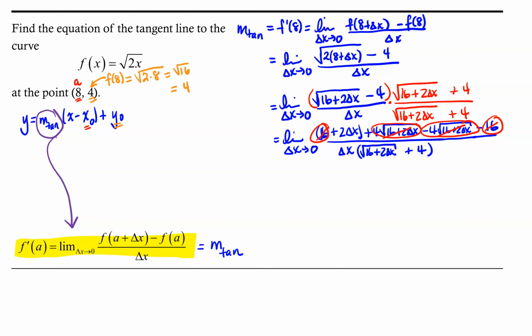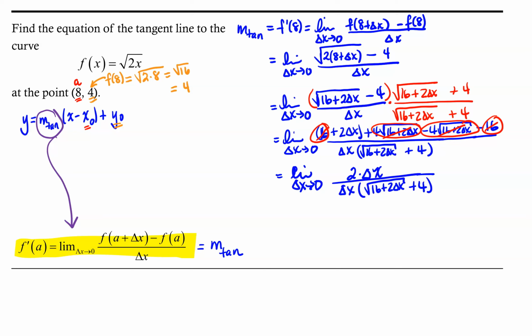Now, really the only thing left in our numerator is the 2 delta x. So the limit as delta x goes to 0, our numerator we have 2 times delta x, and in our denominator we've got delta x times the square root of 16 plus 2 delta x plus 4.